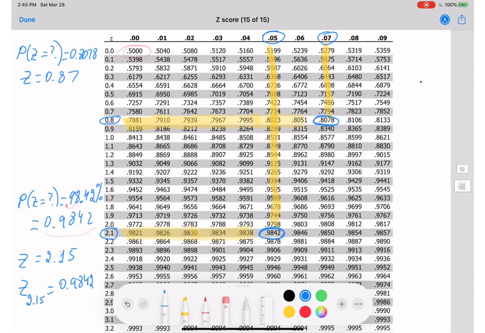Not always are we going to be so lucky and find the precise value. Very often the value doesn't match the way it's supposed to be.